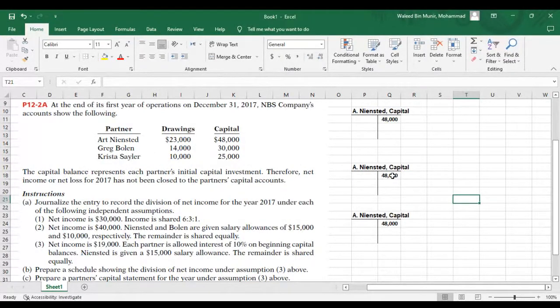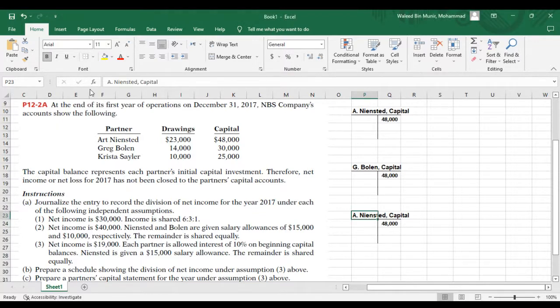This is the first one, the second one, and the third one, and we enter their beginning capital balance.